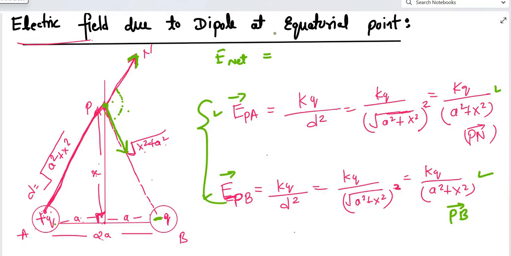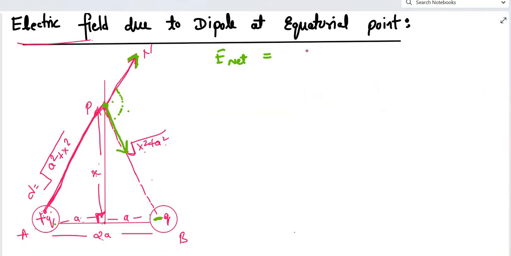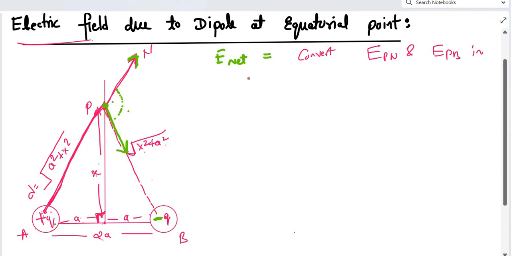Let me show you how. For E net, we will convert both electric fields, EPA and EPB, into vertical and horizontal components. Correct?